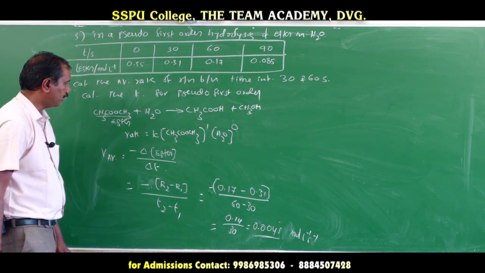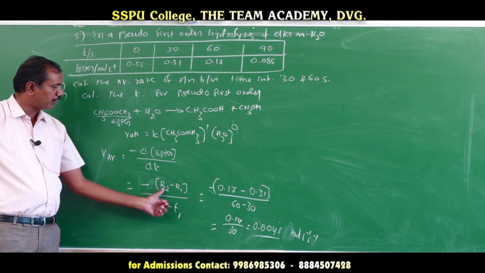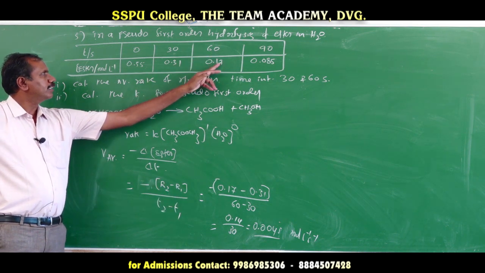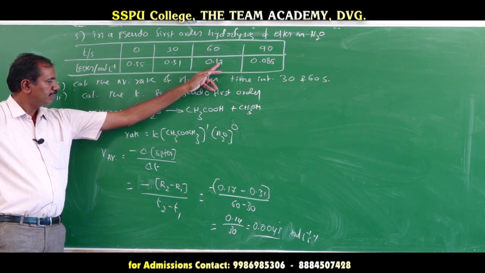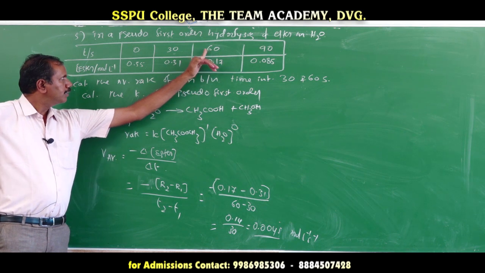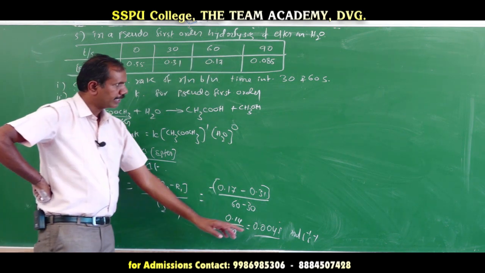This is the average velocity. Average velocity is calculated by change in concentration by change in time, R2 minus R1. R2, the concentration at 60th minute, is 0.17, R1 is 0.31, divided by T2 minus T1. T2 is 60, T1 is 30. Okay, finally we can get it.